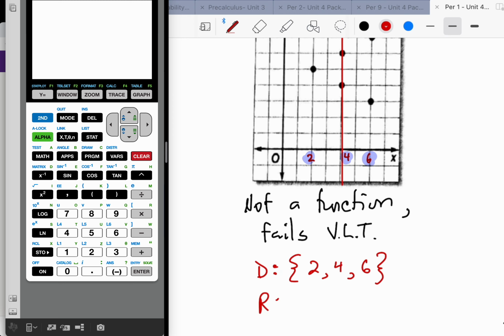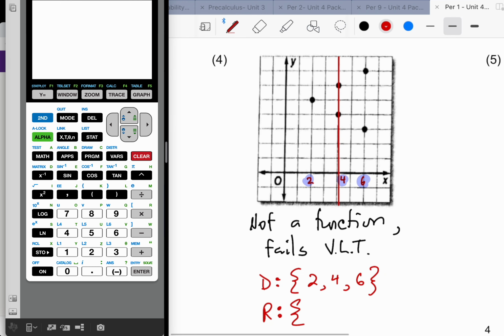For the range, we want to identify any y values that fall on the graph. All right, so that would be 1, 2, 3, 5. Oh, I missed a 4. 3, 4, 5, 6, and 7.